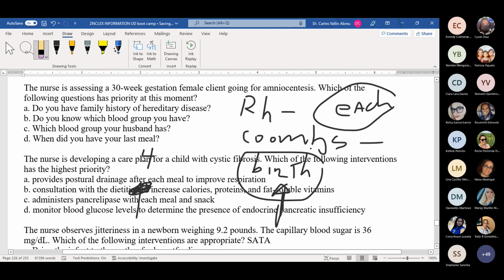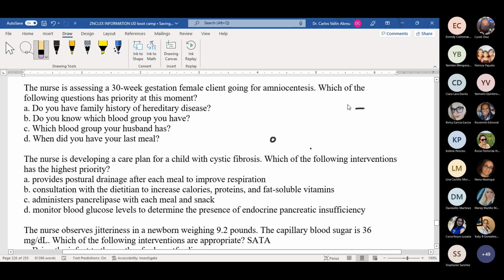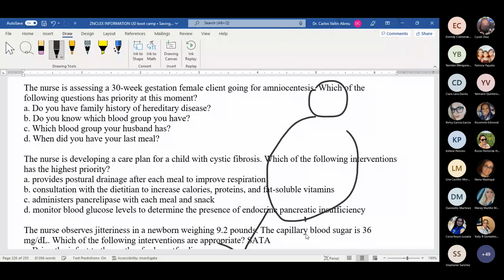The rationale for this is the following. When a woman is Rh negative, she is born without knowing that Rh positive exists. She's negative and she doesn't know. But the first pregnancy that she has could be positive.